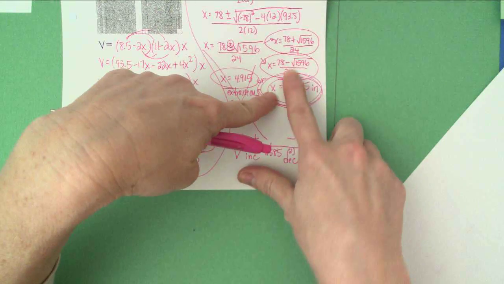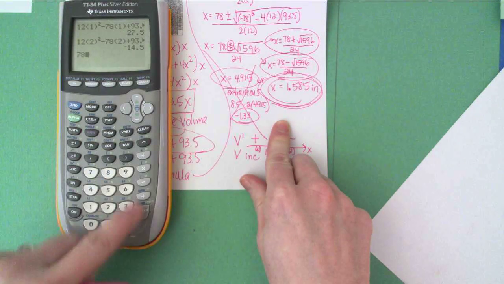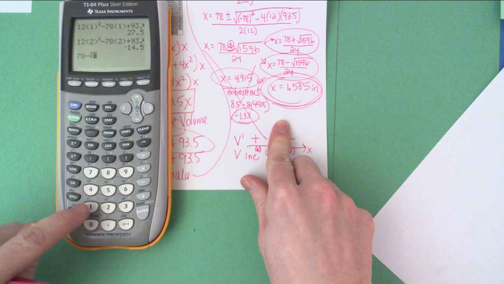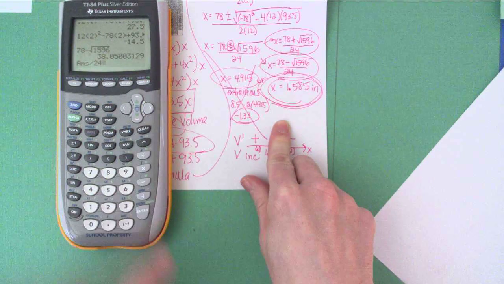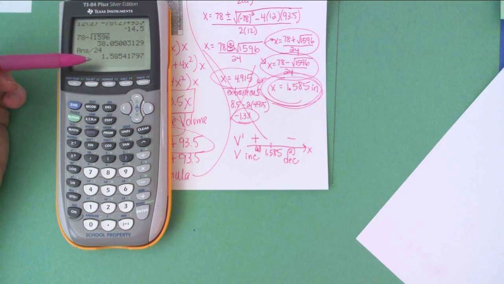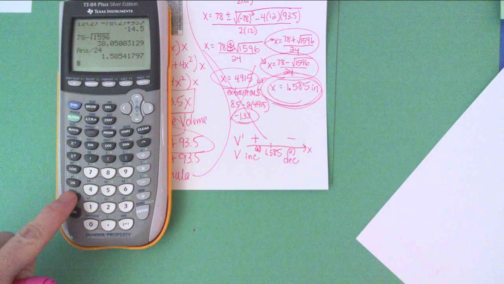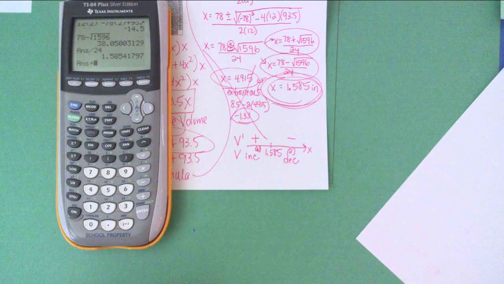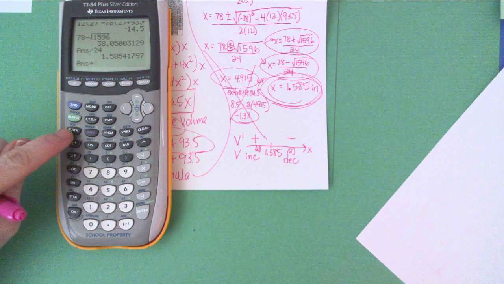I found that by taking, I'm going to redo this, 78 minus the square root of 1,596, divided by 24. Okay, so there's that 1.585 figure unrounded. What I'm going to do is hit the store button down here, and I'm going to store that answer into the letter A, and the letter A sits above the math key.